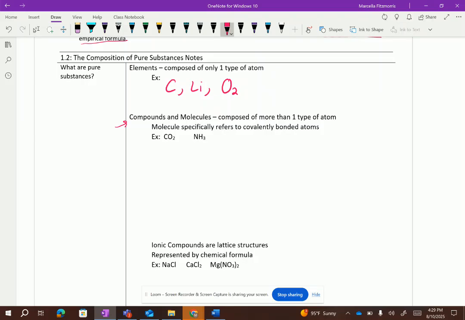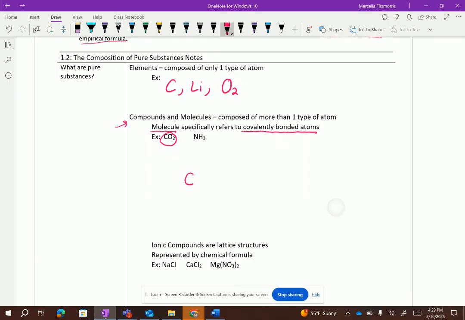When we have compounds and molecules, we're talking about something that has more than one type of atom. So you have carbon with oxygen, or N with H, etc. Now, we use the word molecule when we're talking about something that's covalently bonded. Remember, covalently means they share their electrons, so they're connected by bonds. When you have a molecule that's covalently bonded, then when you see its formula, CO2, that's literally the amount of C's and oxygens there are.